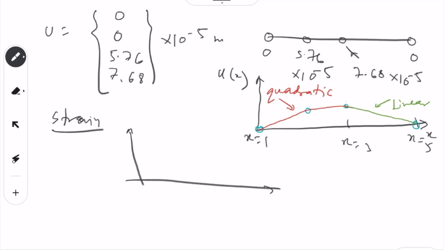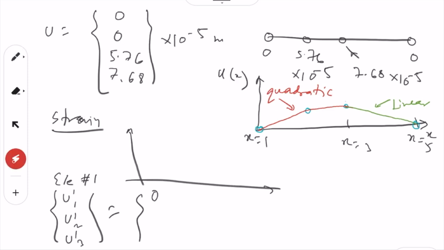And you know that in the first element, element number 1, you have u values, u11, u12, u13, and you know the first one is 0, then the third and fourth, so you have 0, then 5.76, 7.68, times 10 to the power minus 5.